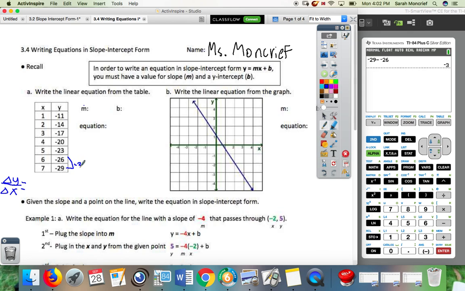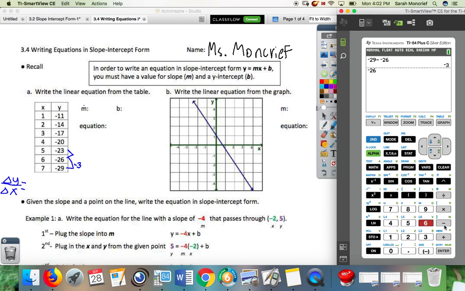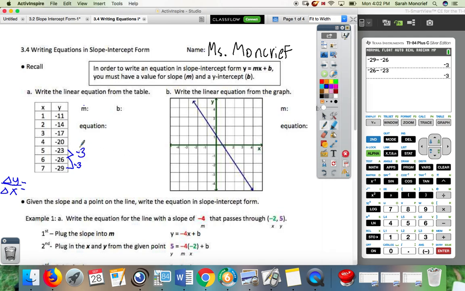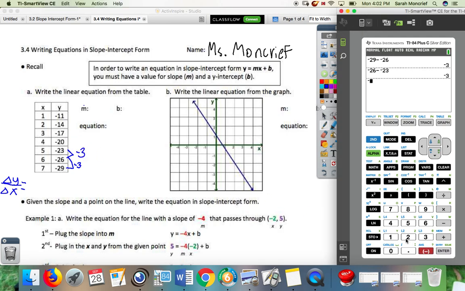Now what is negative 26 minus negative 23? Again we get negative 3. Now we do negative 23 minus negative 20, and again that gets us negative 3.